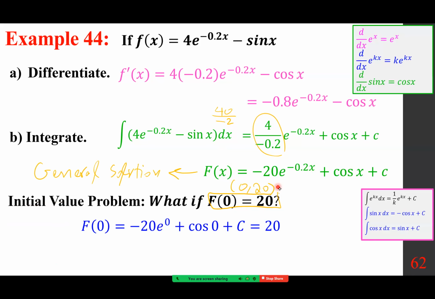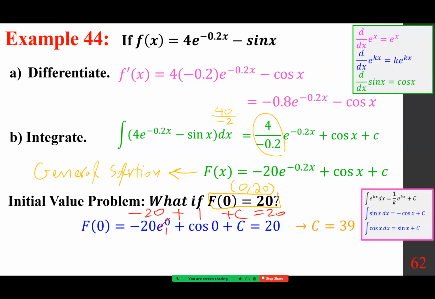As you know, this is 1, so we have minus 20 plus cosine of 0 is 1 plus c equals 20. And I hope you see on the left side we have negative 19. We move it to the right side, becomes positive 19, and 20 is 39.